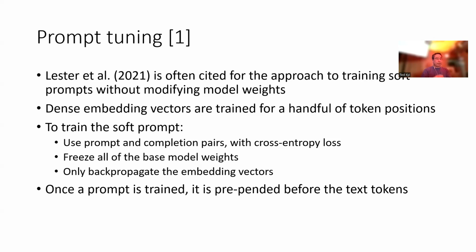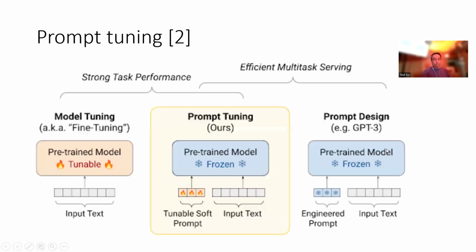I have a picture for you that's probably better than me waving my hands. On the left, full fine tuning is where you run training and the whole model, in yellow, has updatable weights. Even though it's pre-trained, it knows sentences, it knows lots of things, and you can fine tune it.